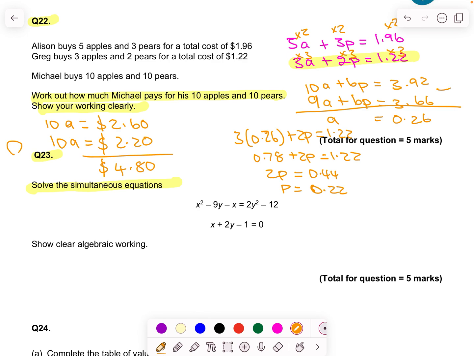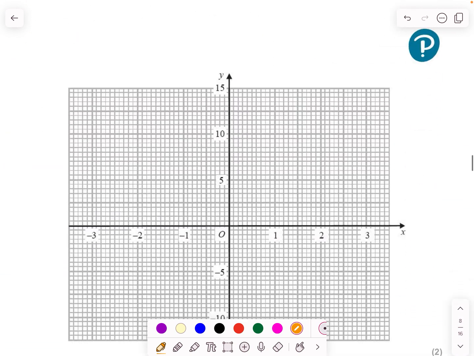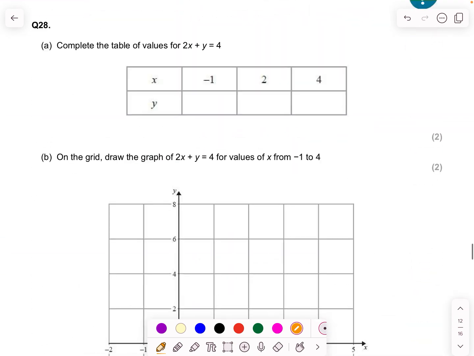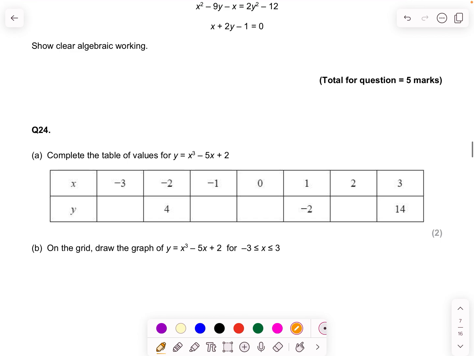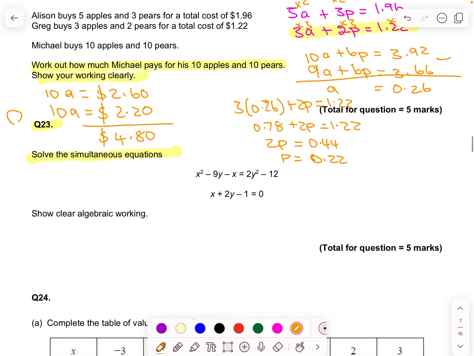Okay. Then, is that the last one that we're doing? Yeah. Okay. So now we're going to solve this simultaneous equation. All right, so it's a lot like the ones we've done before. A little bit of work on this one.